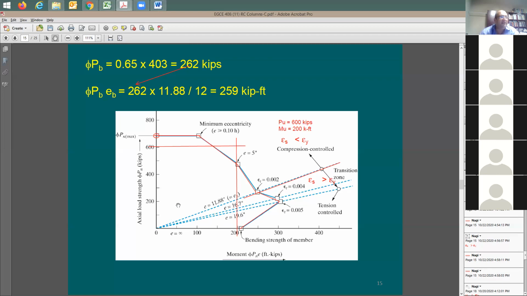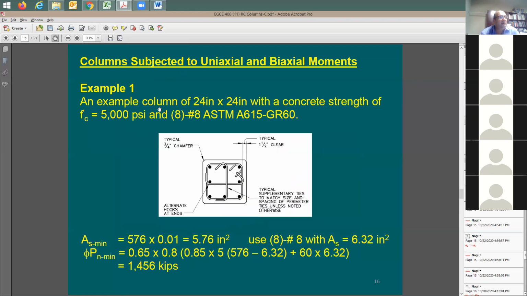We throw these combinations in the software, and the software plots it for you. Once you see a point outside of this interaction diagram, you know that your column is not good. Does this make sense? So, okay. Now let's look at this quickly. Here's the column. You remember this column? It was number 8, the same column that we worked with before, 24 by 24 inch.